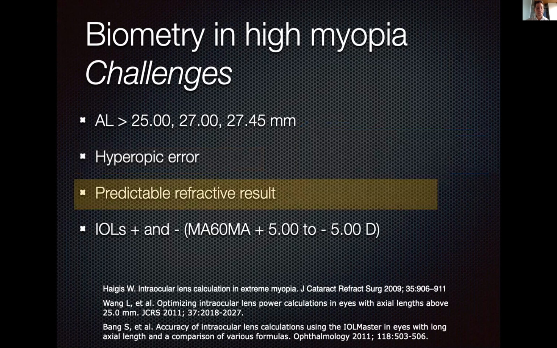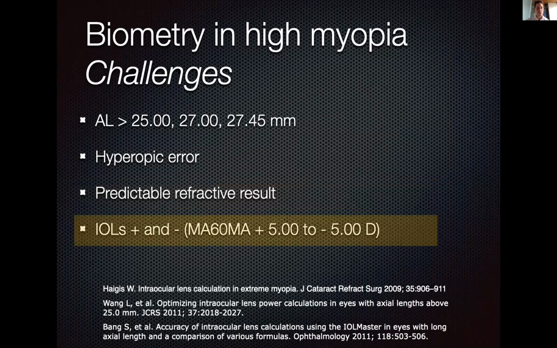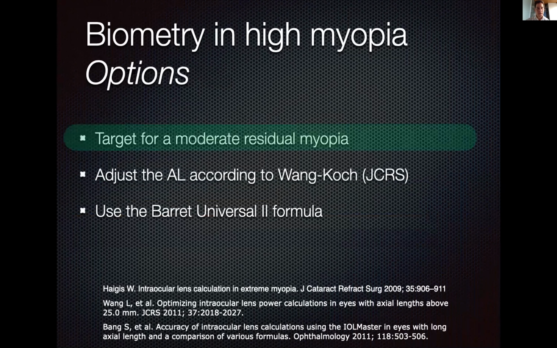But the reality is that those high myopic patients nowadays are getting predictable refractive results. Also, we now have IOLs with positive and negative powers, such as the MA60, with a range from +5 to -5 diopters. The option that we have today for high myopic patients is to target a moderate residual myopia.